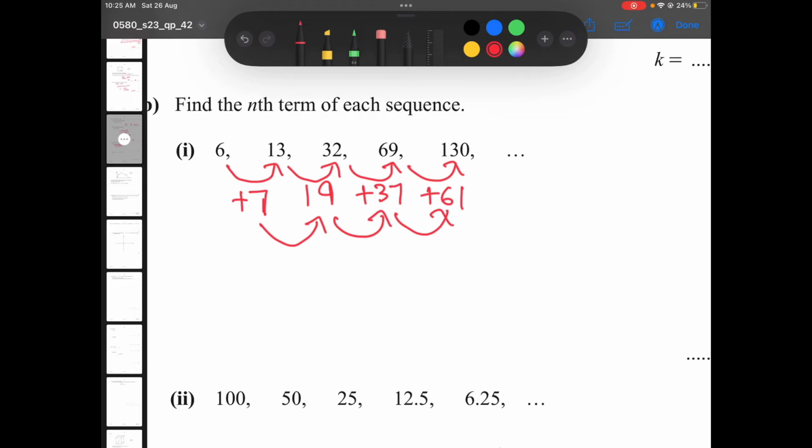Then 19 minus 7 is 12, 37 minus 19 is 18, and 61 minus 37 is 24. Now we're at 6 and 6, so it's a cubic sequence.